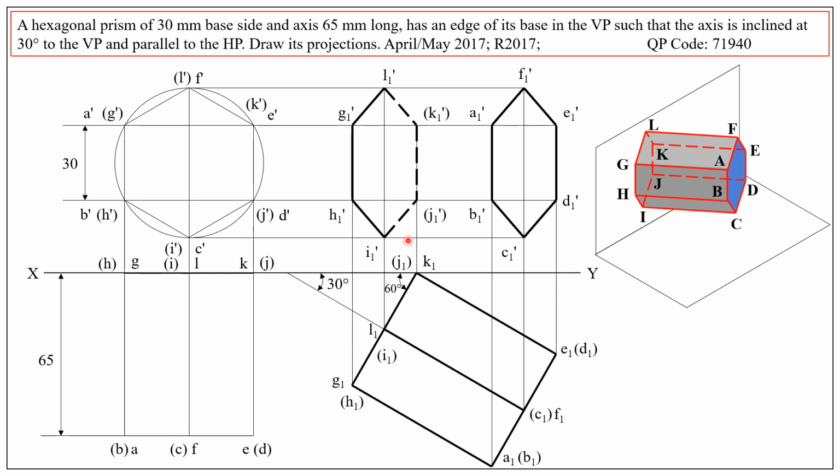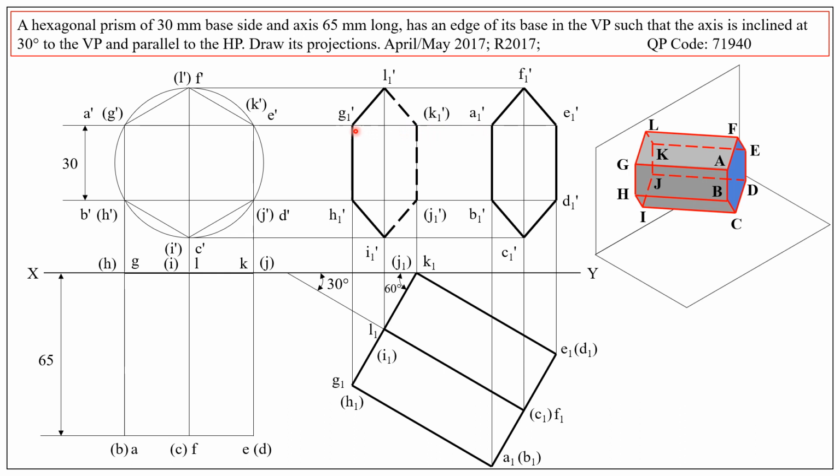The final step is to draw the long edges, or the edges of the rectangular faces in the hexagonal prism. So what are the long edges we have? The first one is A and G. So AG is one long edge. In the final front view, this A is represented as A1 dash, and G is represented as G1 dash.